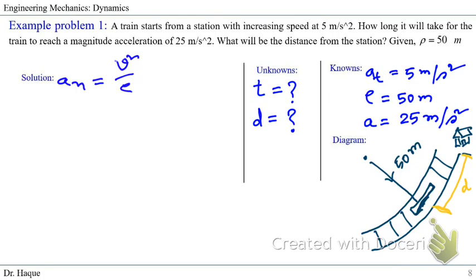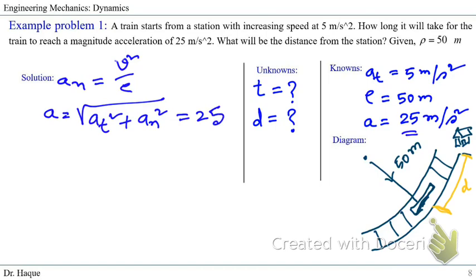So by definition, we know A equals the square root of the tangential component squared plus the normal component squared, equals our target, which is 25. So we can put this value here.